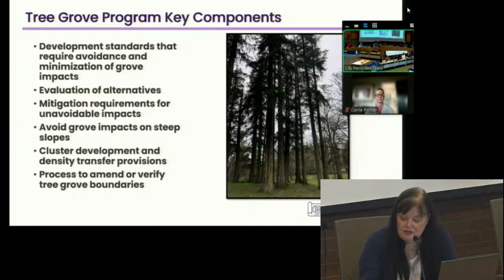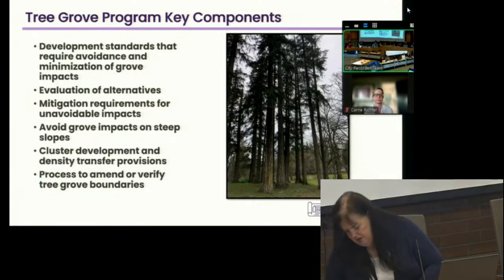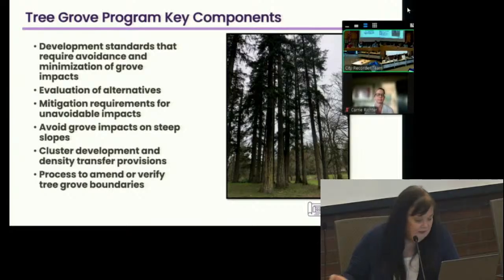In 1747.220, there's a table that lists what you can do as a permitted outright use in a tree grove, and then a list of what you would need a conditional use variance to do, and that's the attempt at minimizing that impact. I saw some of you looking for it, so that's on page 175 of your meeting packet.